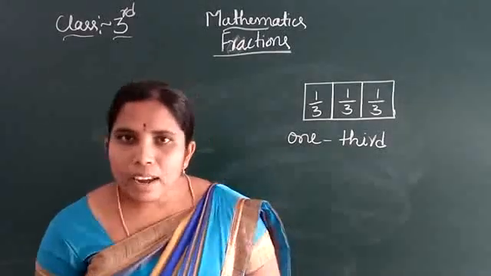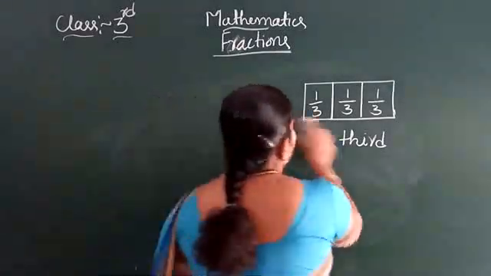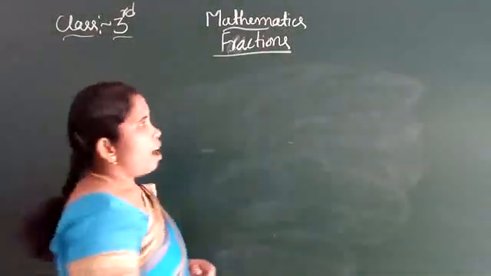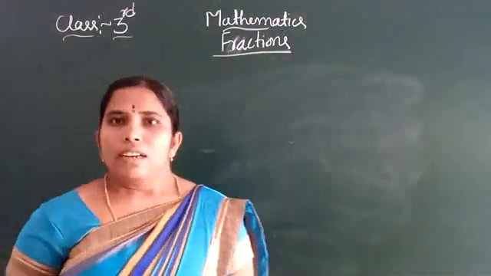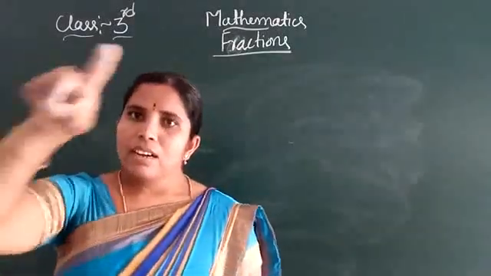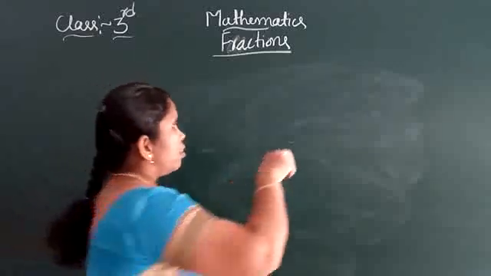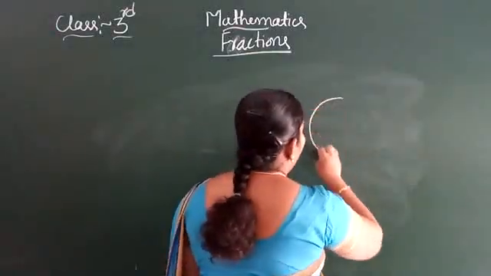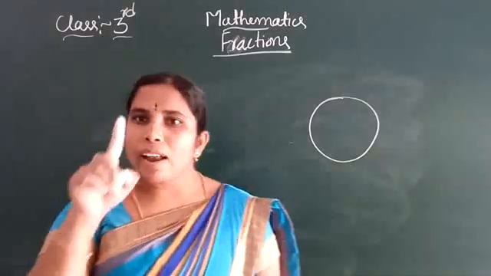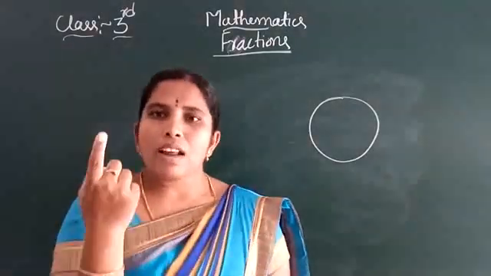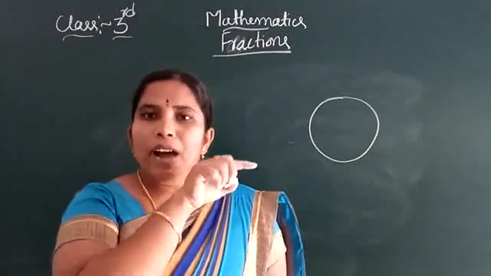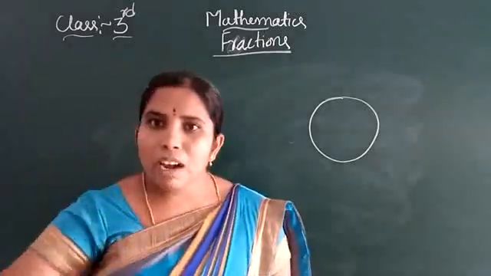Okay. So then we move on to a square. Otherwise here 1 orange is there. 4 friends take the orange fruit. The orange is divided into 4 equal parts.